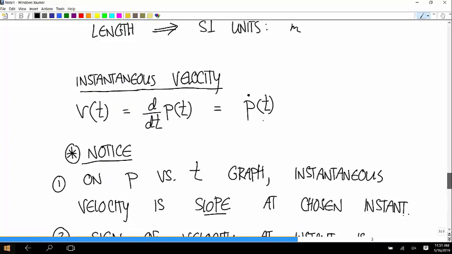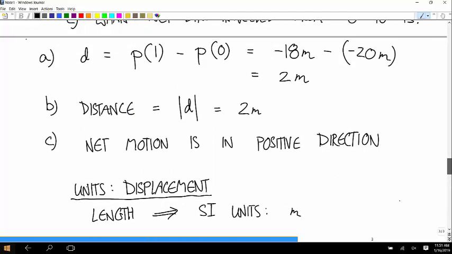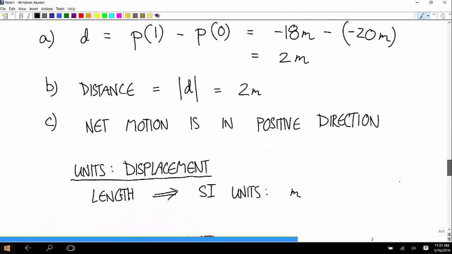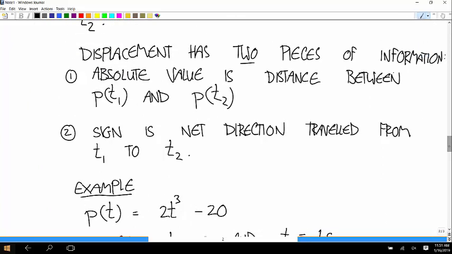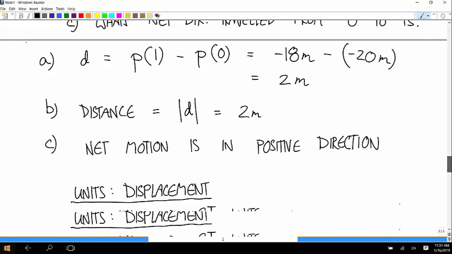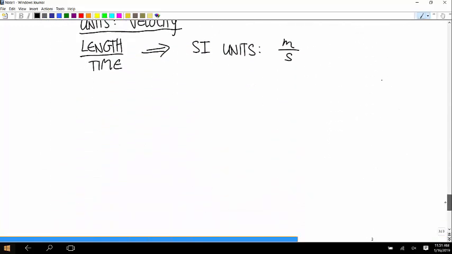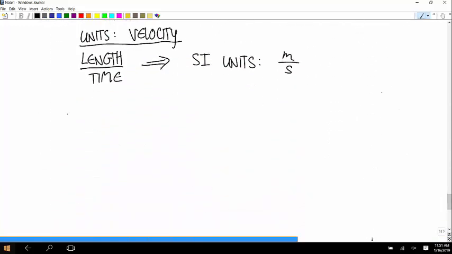And notice when I was talking about displacement, I said displacement has two pieces of information. The absolute value is the distance, and the sign is the net direction. The same way that displacement has those two bits of information, velocity does too. This is the last thing I'm going to say.